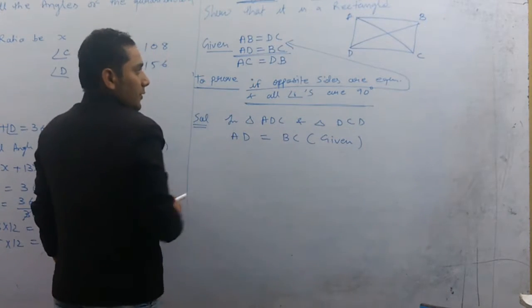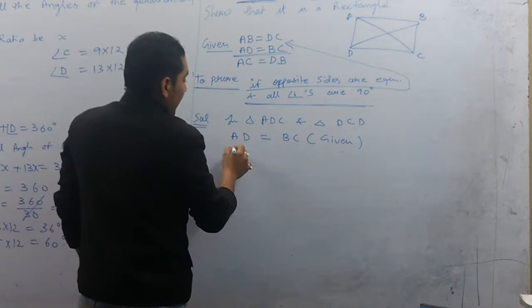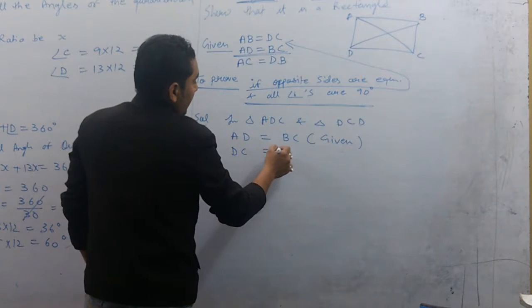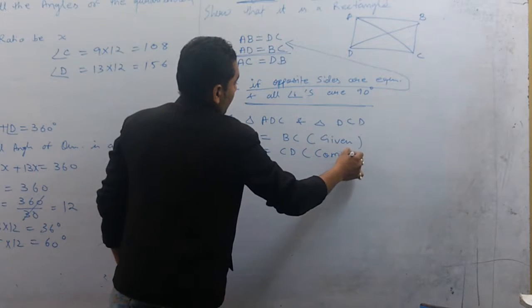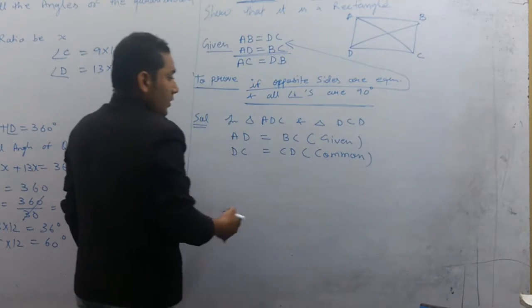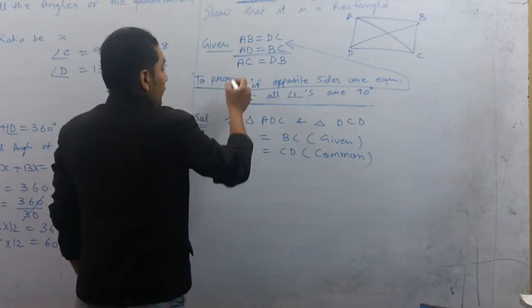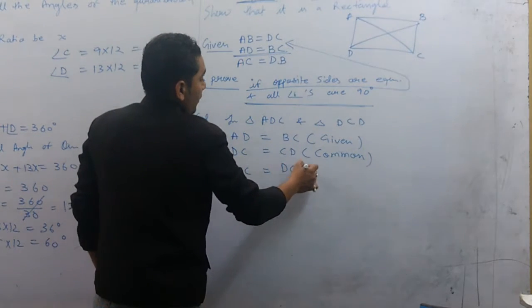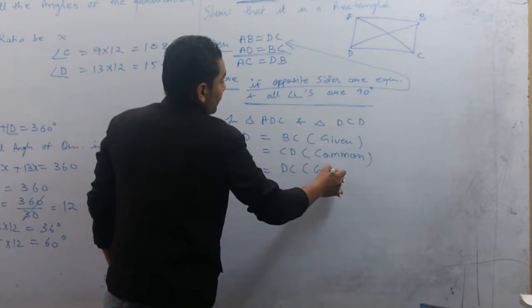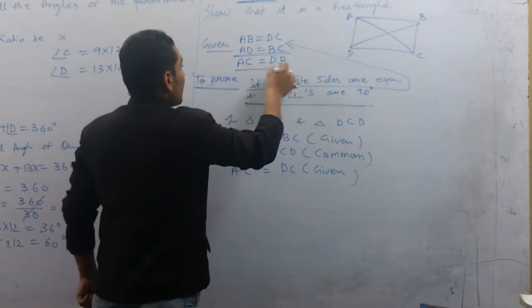Second thing, DC is equal to CD, common. Third thing, AC is equal to DB, also given in the question.